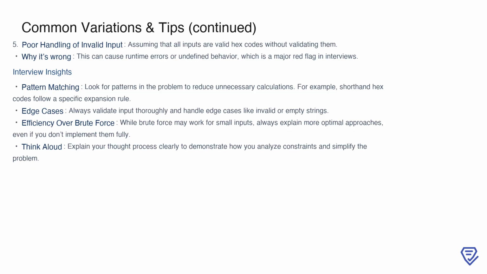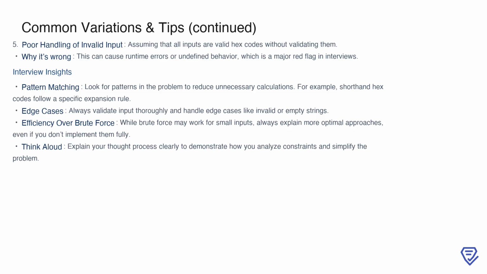Now, when it comes to interview strategies, focus on identifying patterns in the problem to reduce unnecessary calculations. For example, shorthand hex codes follow specific expansion rules that you can leverage to simplify your approach. Always make sure to account for edge cases, such as empty strings or invalid inputs, as this demonstrates a thorough and robust solution.